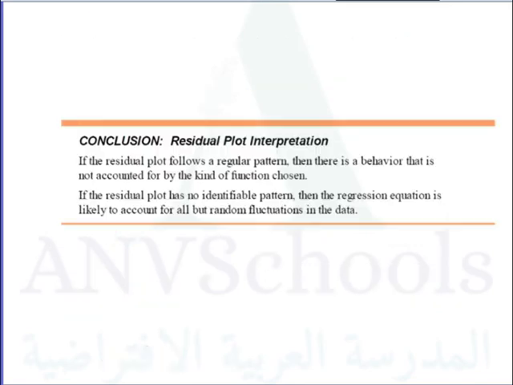Okay, so in general, this is how the residual plot interpretation is used. If the residual plot follows a regular pattern, then there is a behavior that is not accounted for by the kind of function chosen.